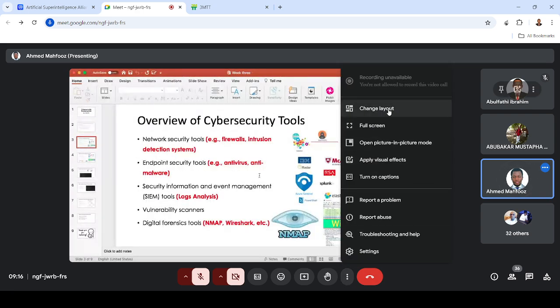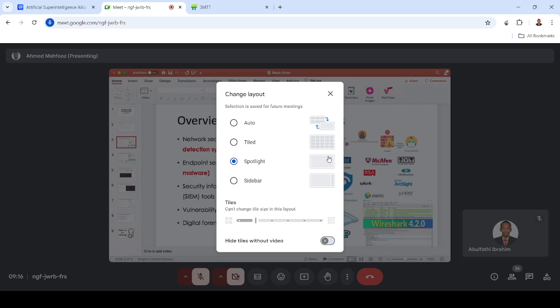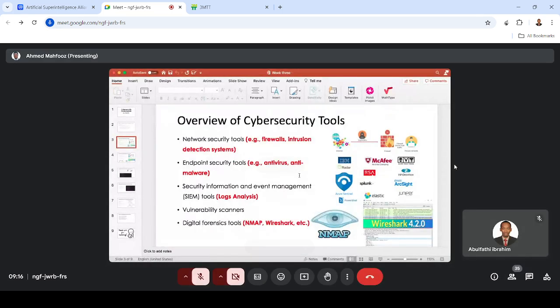Okay, coming to the overview of the cybersecurity tools. We have different tools, as I said earlier, and different tools can be used for different functions. When we talk about cybersecurity, as we described on the first day from the definition, cyber means a network of computers.